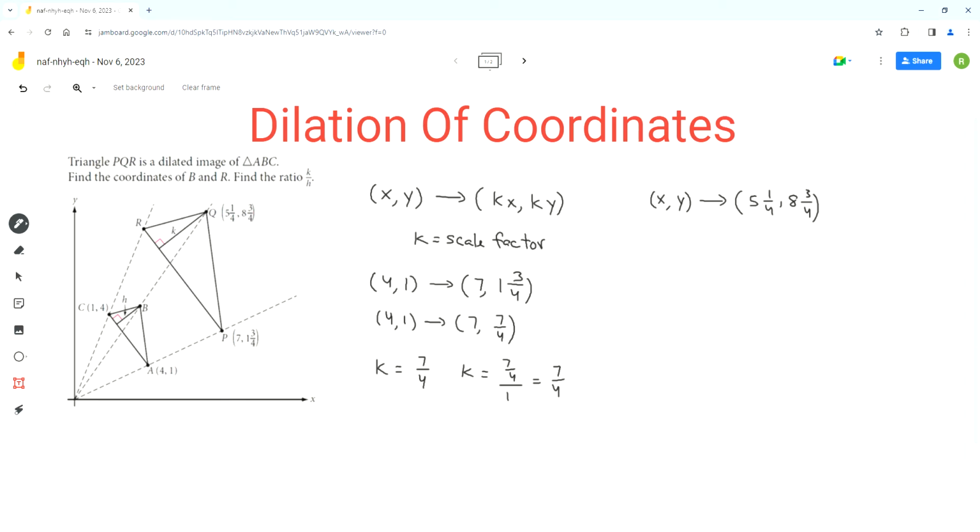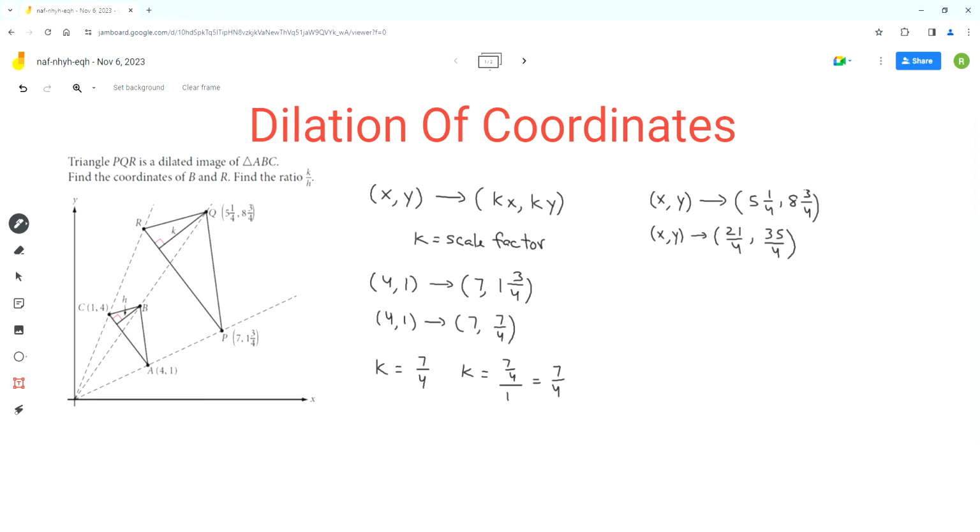Again, these two numbers are given in mixed number form, so we should change them to improper fractions. For the first one we do 4 times 5, which is 20, plus 1, which is 21 over 4, and for the second one 35 over 4.